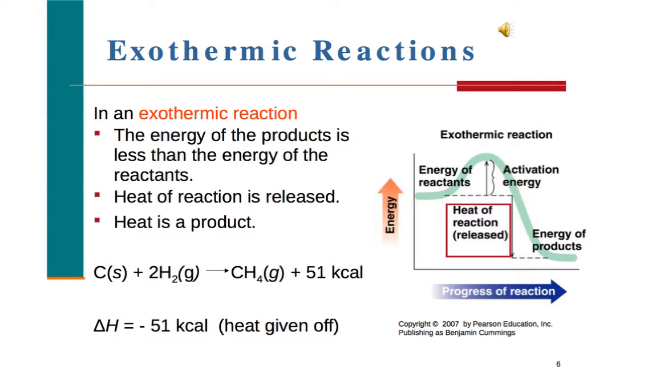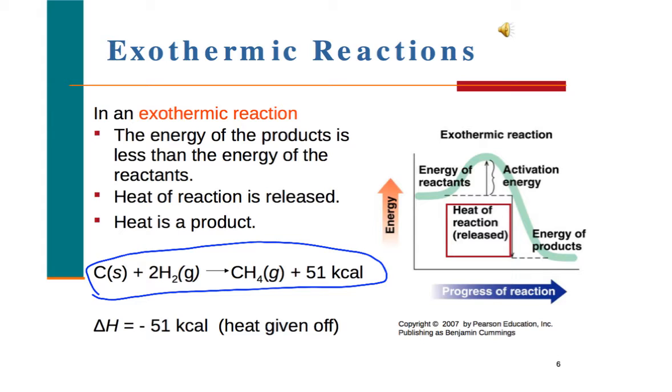There are also two ways to write exothermic reactions. This way, where heat is displayed directly as a product, is the way preferred by biochemists and biologists. You'll see them using that form quite a bit.